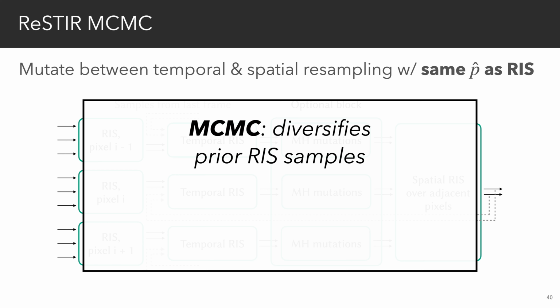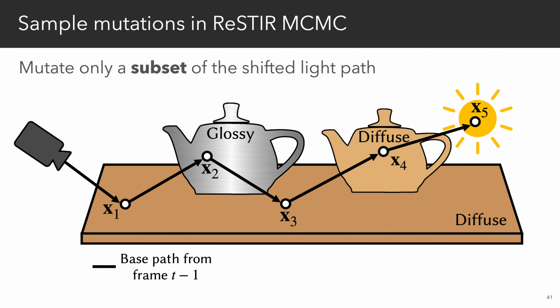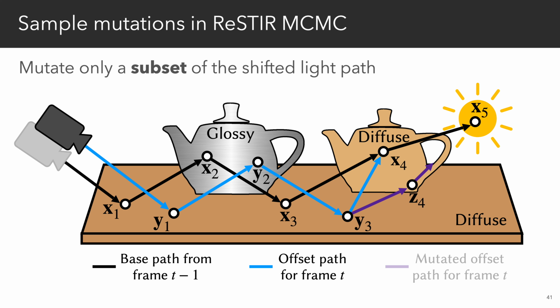So as with standard ReSTIR, we let RIS resample across pixels to identify samples with large contributions. In practice, we first deterministically shift map a light path between pixels during resampling, and then mutate a subset of the light path, though we can use any previously developed mutation strategy as well.